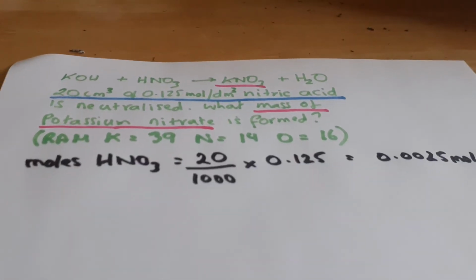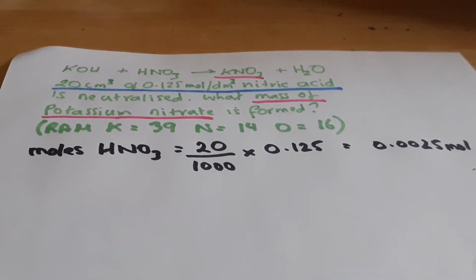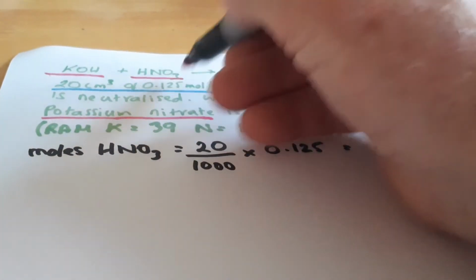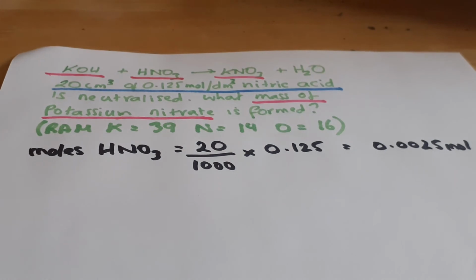Now, looking at the equation, we need to look at the ratio. The ratio of nitric acid to potassium nitrate is 1:1.